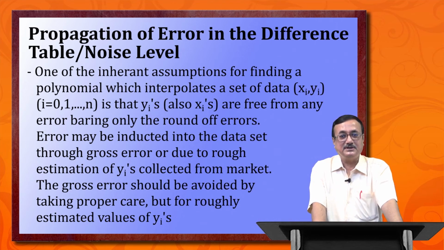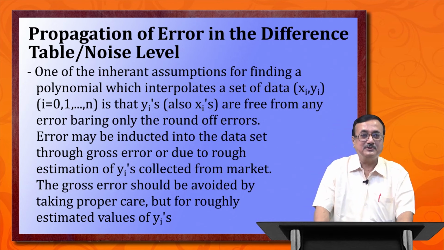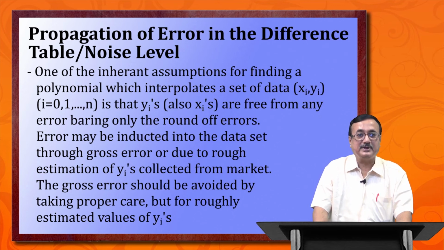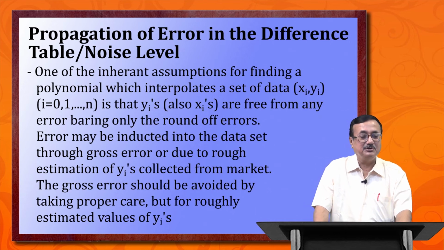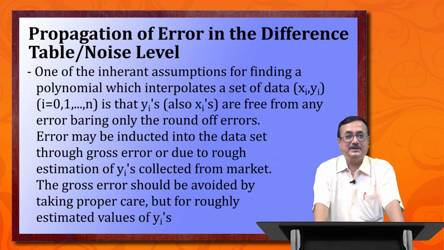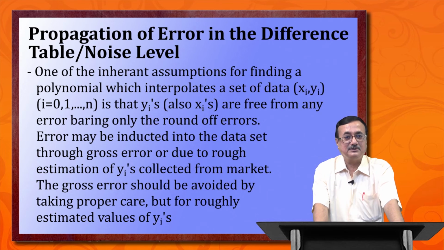Errors may be induced into the data set through gross error or human error. For example, in writing the value of y, instead of 8 we may write 6. This is a gross error or human error, and we don't have any place for human error. We should take much care so that no gross error or human error is incorporated into the data set.